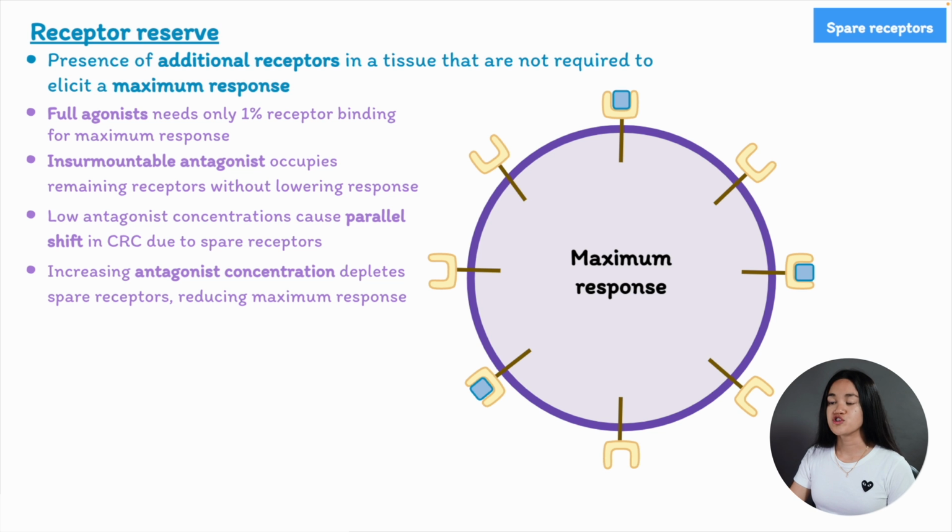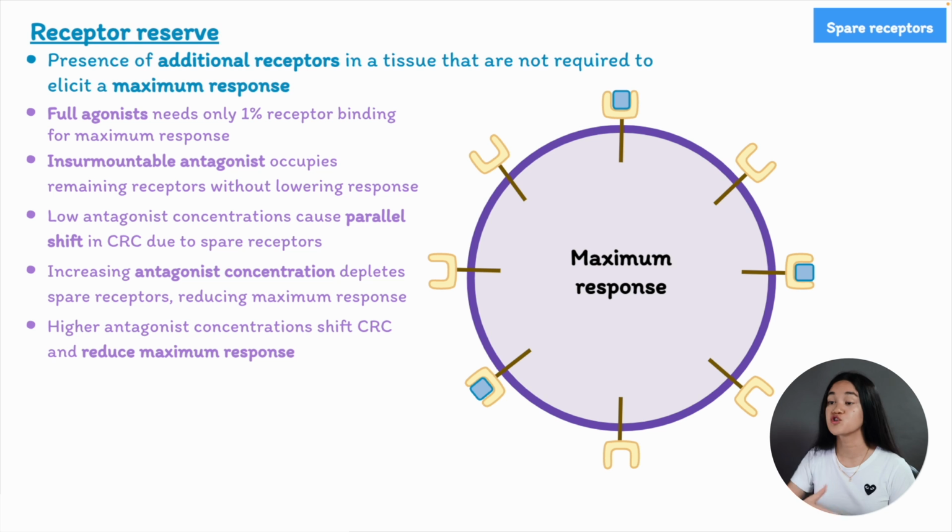However, as the concentration of the antagonist increases and more receptors become occupied by it, a point is reached where over 99% of the receptors are occupied. So at this stage, the spare receptors are depleted, okay, and it becomes impossible to have enough agonists bound to the remaining receptors to overcome the antagonist effect. This is when the maximum response to the agonist starts to decrease.